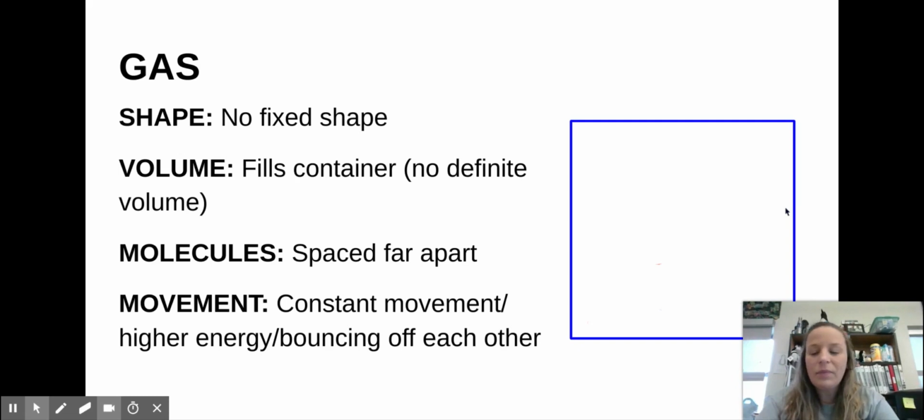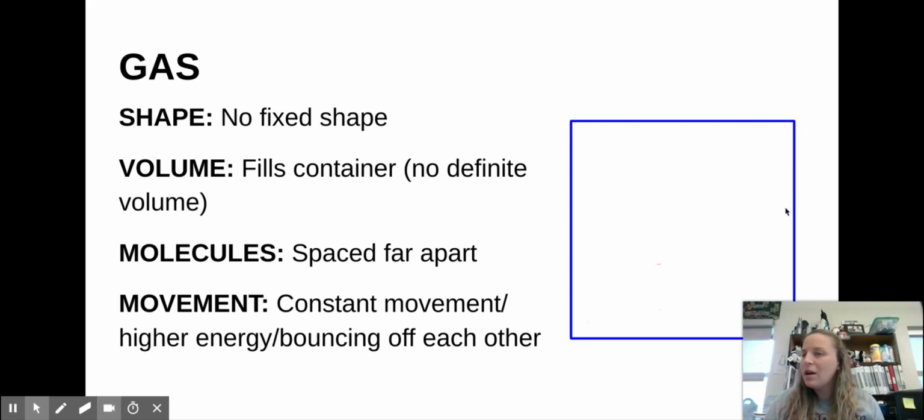For example, if you are baking cookies and you smell that delicious cookie smell, those are cookie gas molecules, basically. And eventually, those gas molecules are going to keep spreading out, and they're not just going to be in the kitchen. They're going to spread out to the living room, and maybe even somebody walking by on the street is going to go, I think somebody's making cookies. Because those gas molecules are going to keep spreading out.